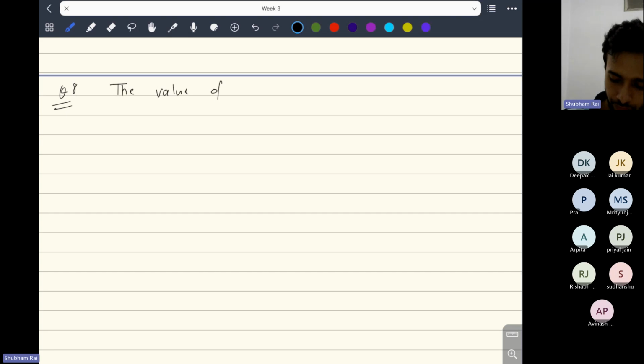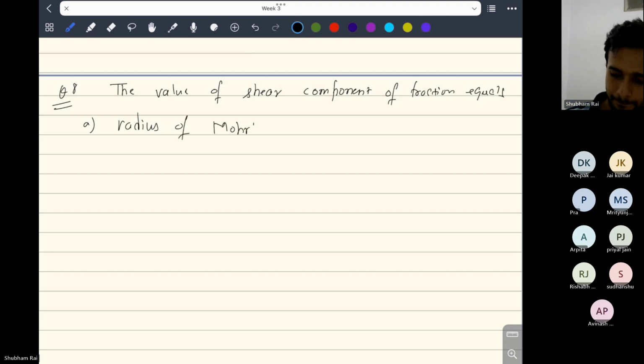So the value of shear component of traction was, you have to tell, and the options are A, radius of Mohr circle, B, the center of Mohr circle, and C, diameter of Mohr circle.